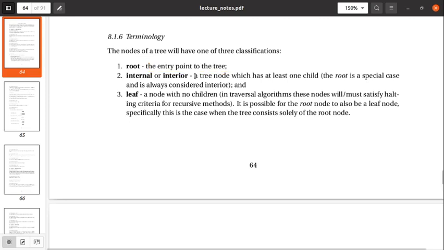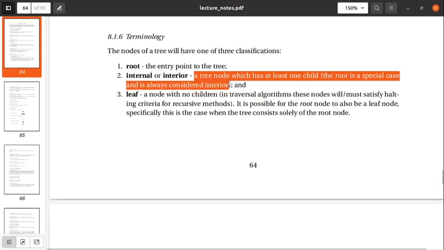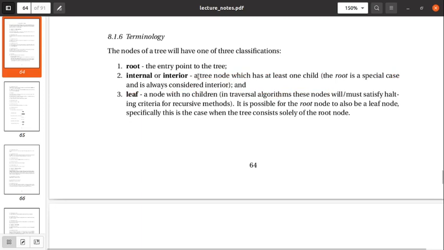The interior nodes are tree nodes which have at least one child. The root is a special case of this and is always considered interior. But any other node that has at least one child is considered to be interior or internal. And the leaf nodes are the nodes with no children.